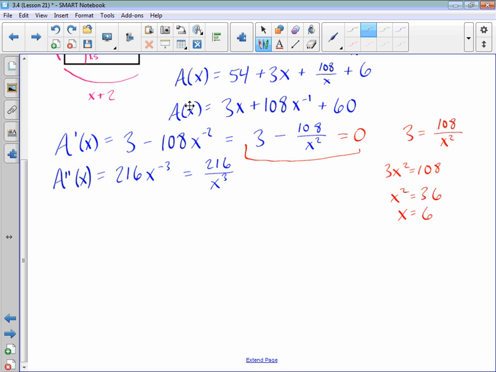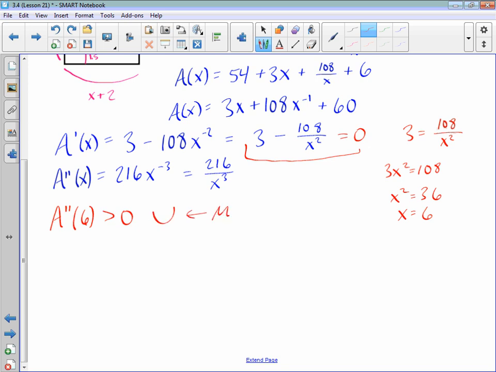Then what do I do with that in the second derivative test? Plug it in. So if I plug that into the second derivative, is it going to be positive or negative? It's going to be greater than 0, right? If it's positive, that means it's concave up. If it's concave up, max or min? Min.